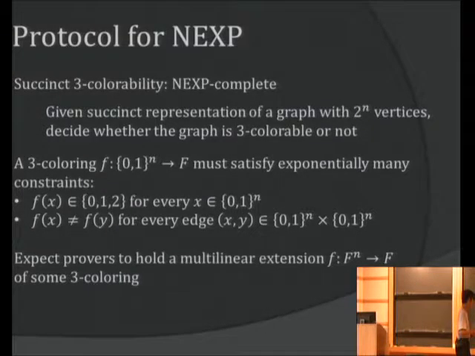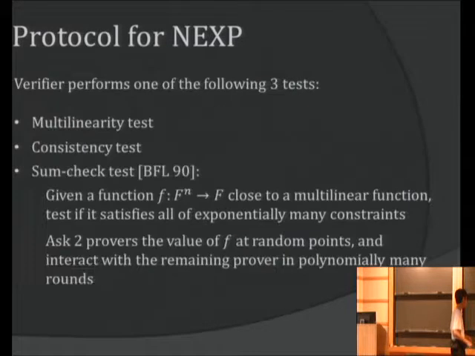And we require the provers to hold a multilinear extension of this solution. After that, the verifier chooses one of three tests: the multilinearity test, the consistency test, and the test known as the sub-cube test, which allows the verifier to test exponentially many simple constraints.